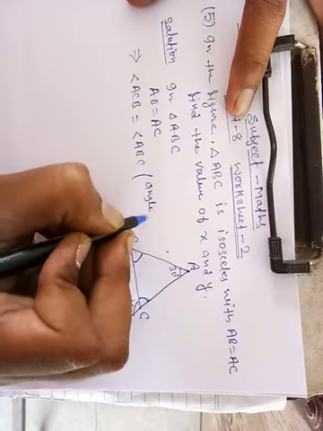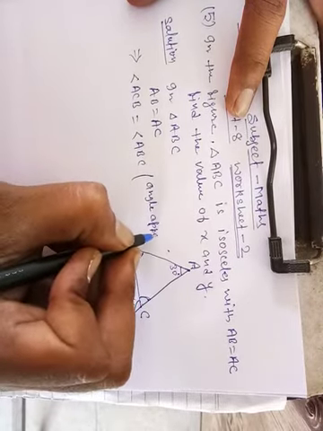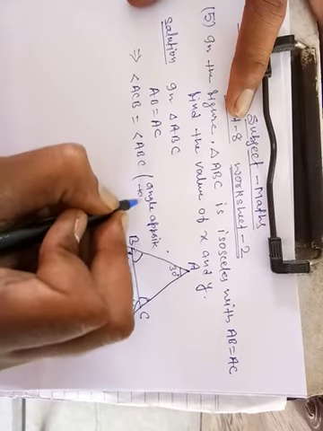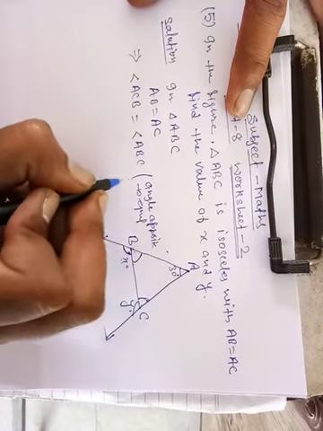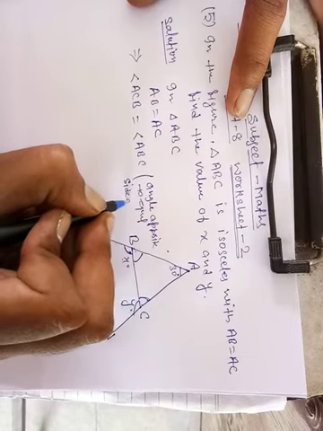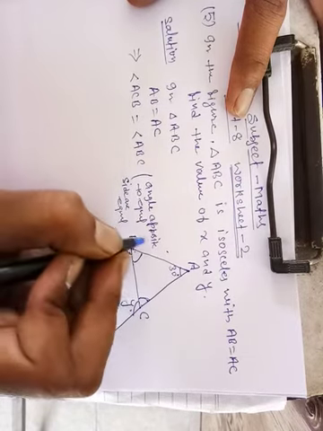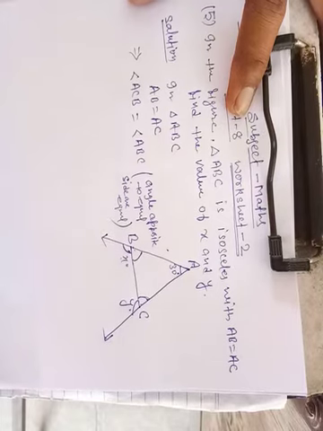By which property? Angles opposite to equal sides are equal.